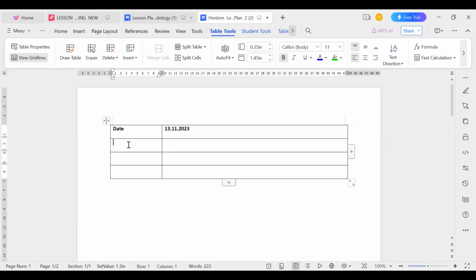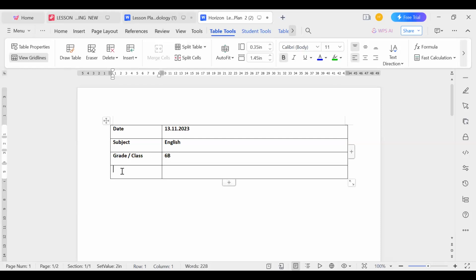So what is next? Subject. What's this subject? English. You all also write with me, then you will remember. Then what is the next one? Grade and class. Because there are parallel classes, you will be doing grade 6 B class.